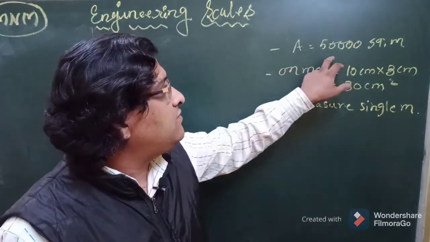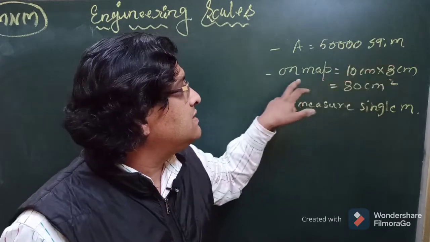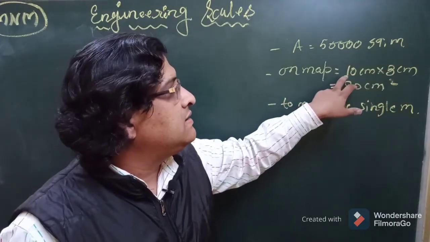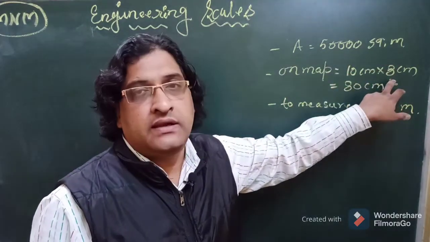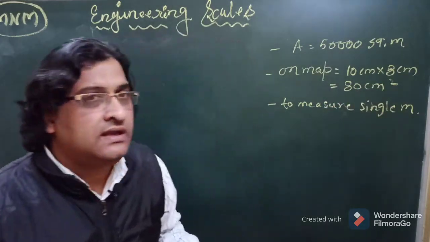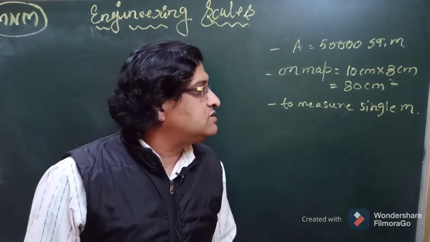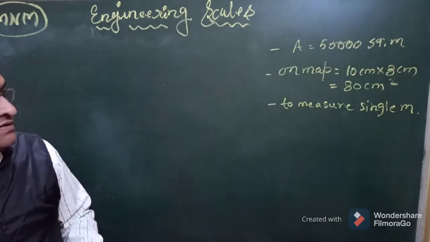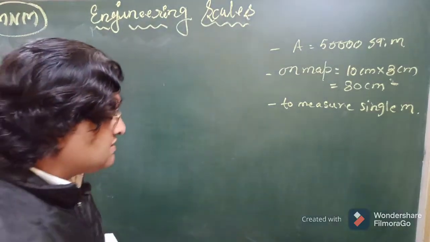Now let us have one more example where the data is given like this. An area of 50,000 square meter is represented on a map by 10 centimeter by 8 centimeters. So 8 centimeters, so this will be 80 centimeter square here, and we have to measure up to single meter. So first we have to find out RF of this scale.